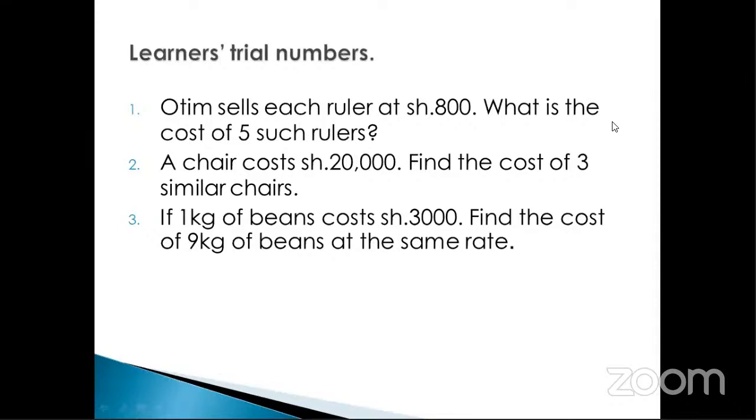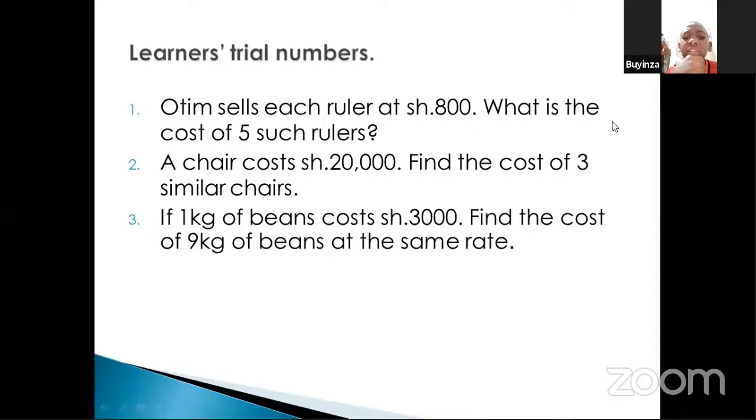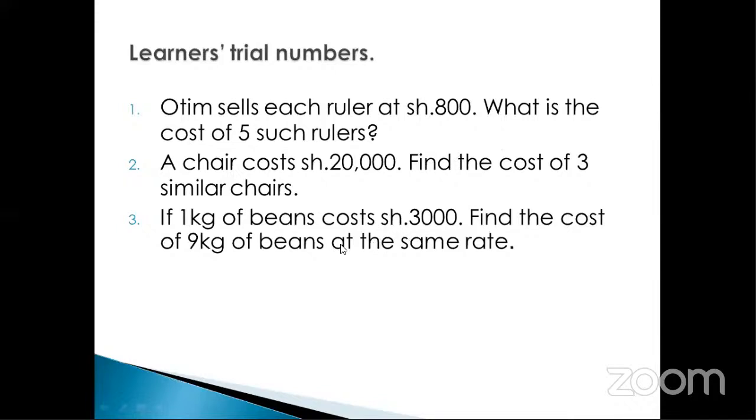If 1 kilo of beans costs 3,000 shillings, find the cost of 9 kilos of beans at the same rate. At the same rate. Very good. So if 1 kilogram of beans, yes, we have heard you very well, Nakato.